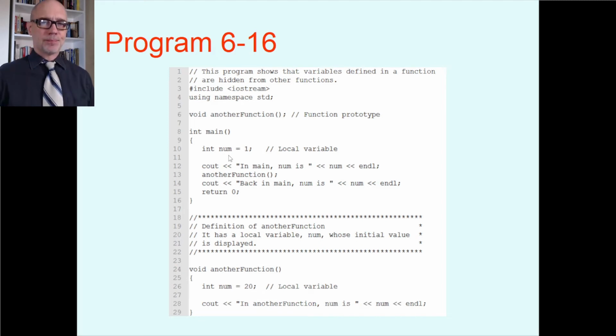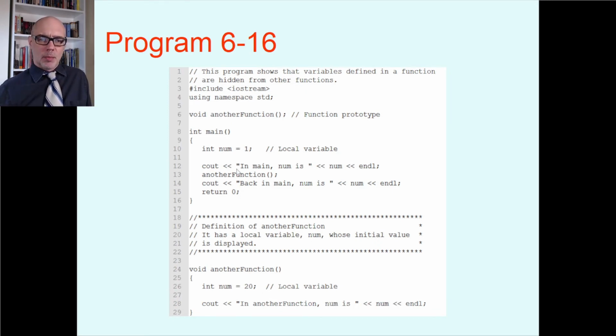So maybe Alice is writing the main function today, and Alice has picked a variable name called num, set it to 1, and is printing out in main, num is, well, obviously 1. And then calls another function, which is Bob's job. And you come back and print back in main, num is. Now, what would Alice want? What would Alice expect for her work?